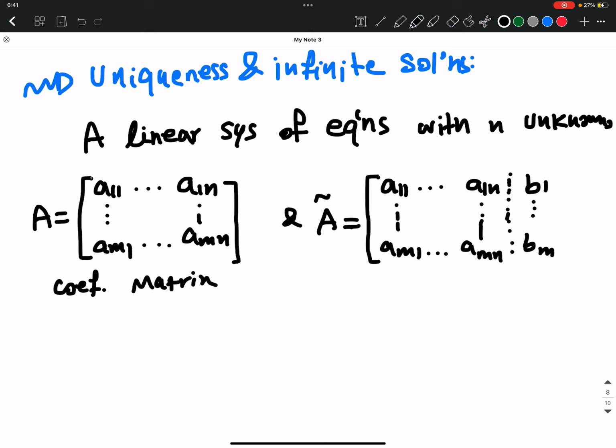Okay, so this is called the augmented matrix.